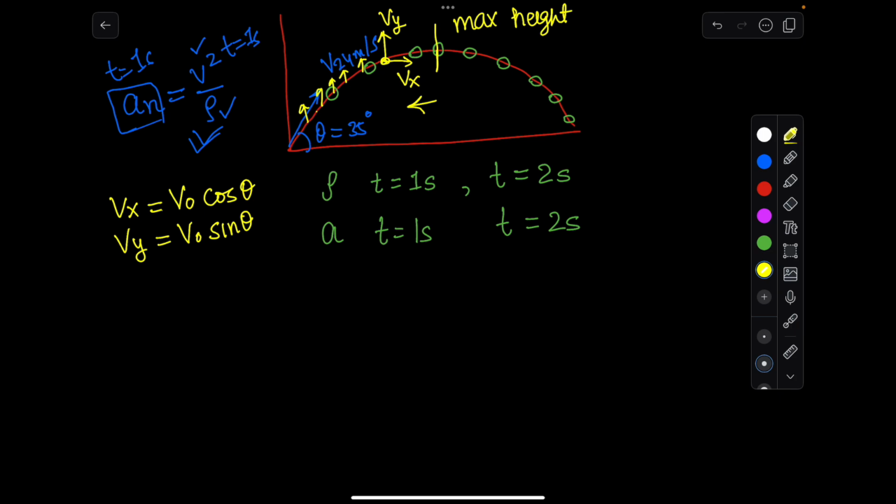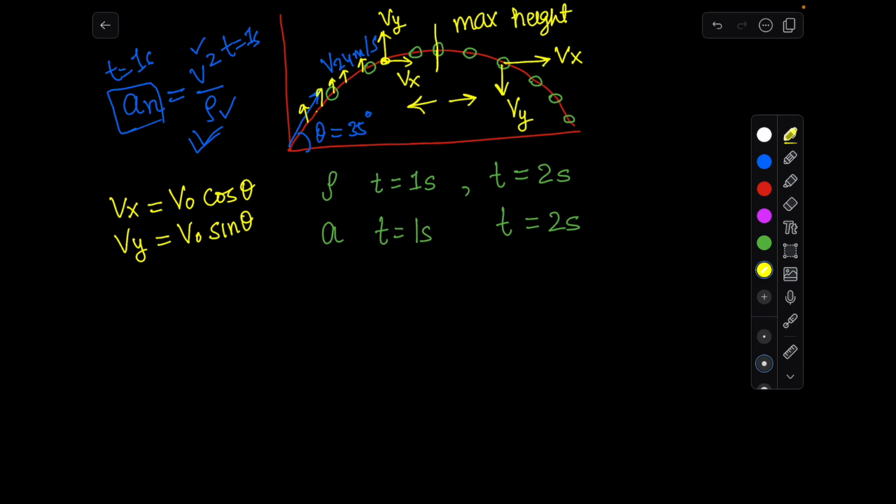Let's talk about the second concept: when the ball crosses the maximum height, the vector diagram will change. Vx will be the same, but Vy will be working in the downward direction. I hope you got this concept.